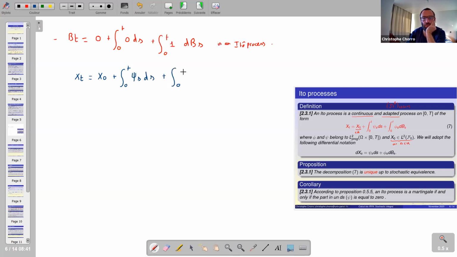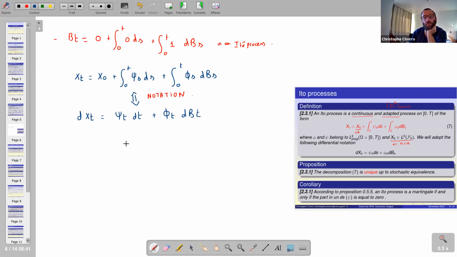And in order to shorten the notation, we write the following: we say that dXt is equal to psi of t dt plus phi of t dBt.